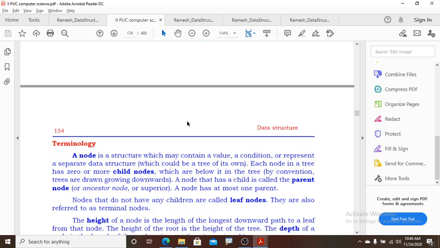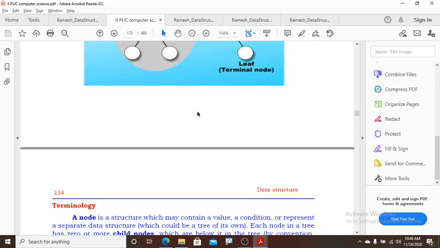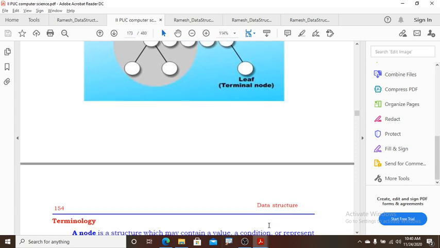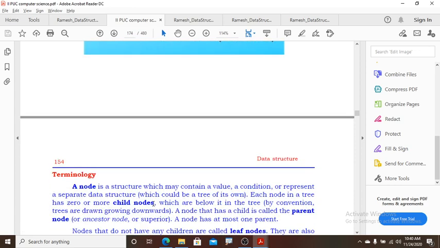This is an example for a node, this is the root node, this is a sub node, these are all leaf nodes. So a node contains a value or a condition or represents a separate data structure.